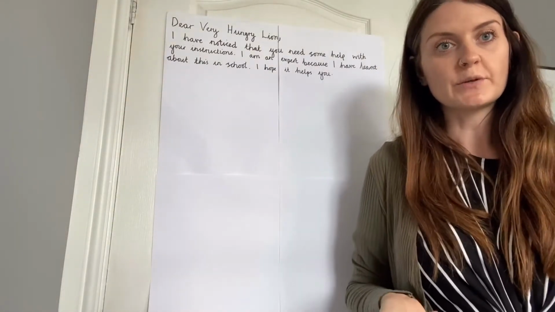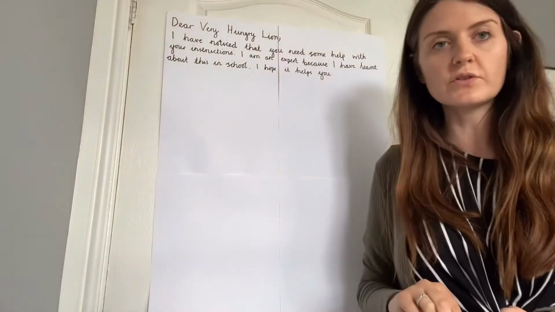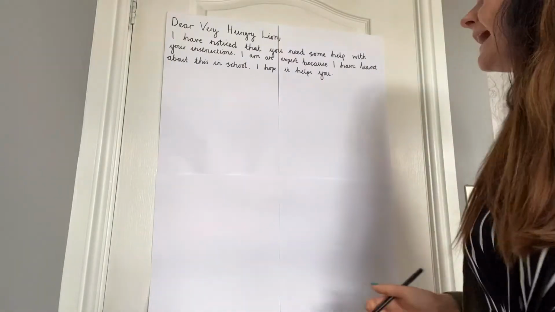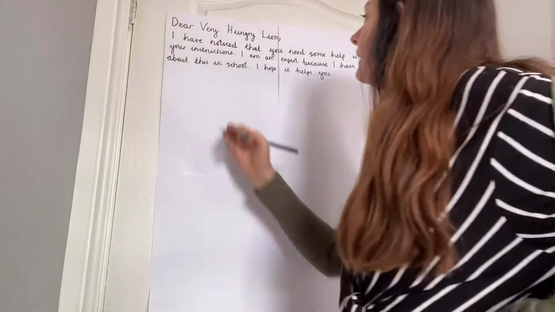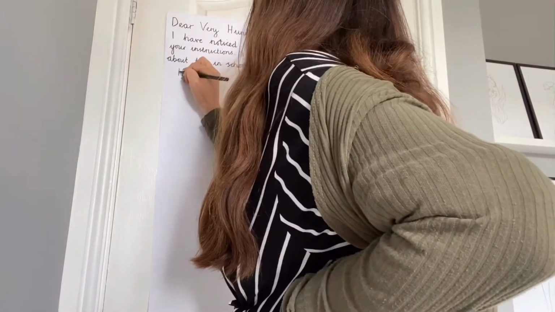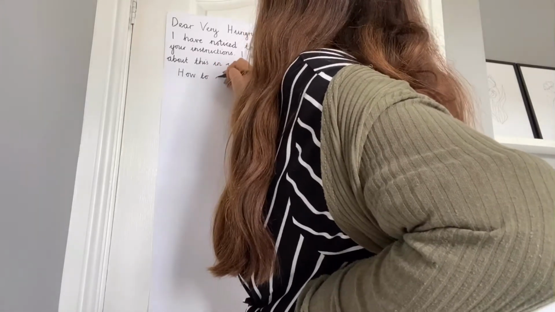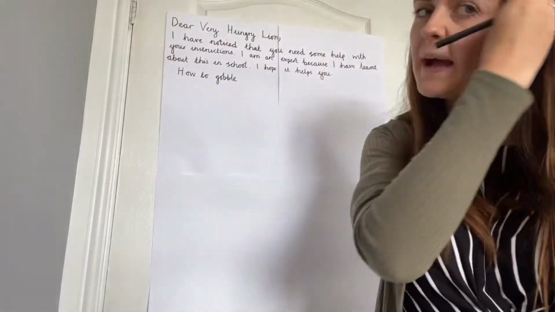Okay, so I've explained why I'm writing to the Very Hungry Lion, and I've explained that I'm going to be giving some more detailed instructions. So now I'm going to get on with the actual instructions, and I'm going to put my title, which is something that all instructions need to have. So my title is going to be How to Gobble Up Little Red. I like the word gobble instead of eat, which I have magpied from the book.